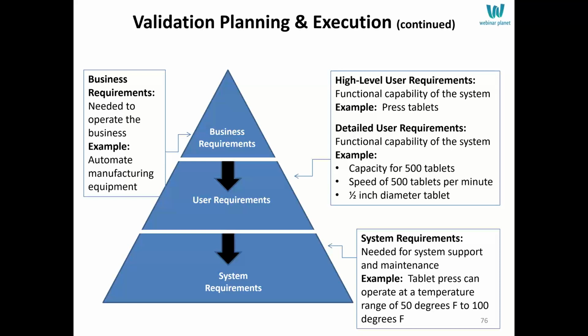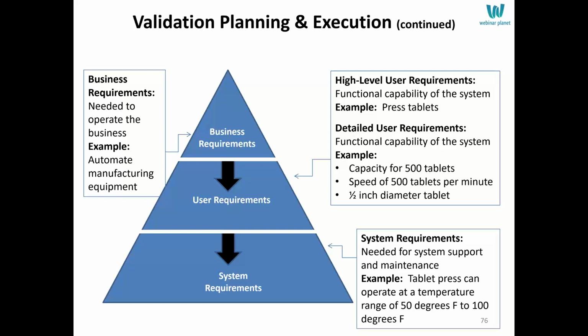I want to press tablets. When you drill down to the detailed FRS elements, then you have to say, well, what does it mean to press tablets? For press tablets, you might have several different FRS elements that tie back to it. So maybe there's a capacity or speed or diameter or many other factors involved. Whatever you need should be stated there individually.